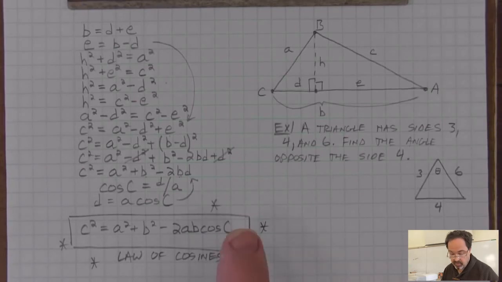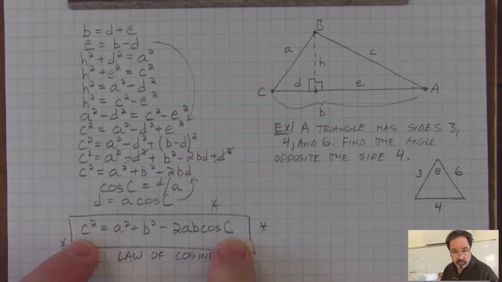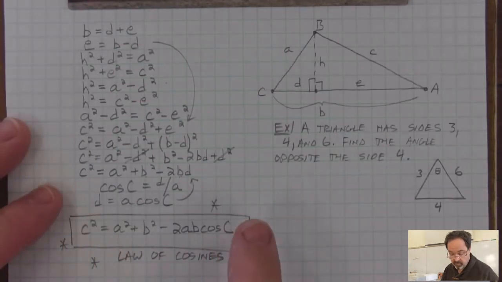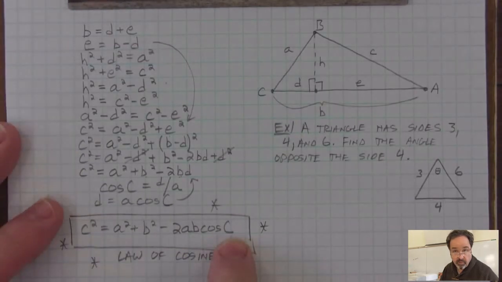The fact that the angle in the law of cosines is inside of this expression doesn't mean that I can't use the law of cosines. There's an impression that when we use formulas, they're only for the variable that is solved for. But that's not true. In this case, I'm going to set it up with this capital C as the unknown.